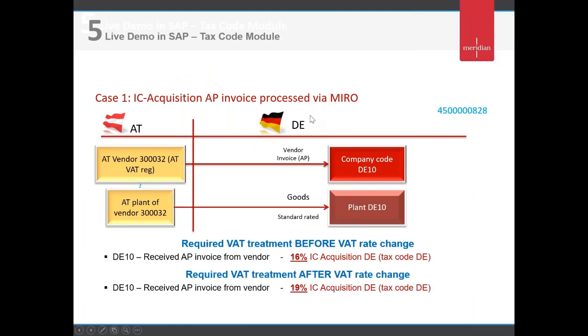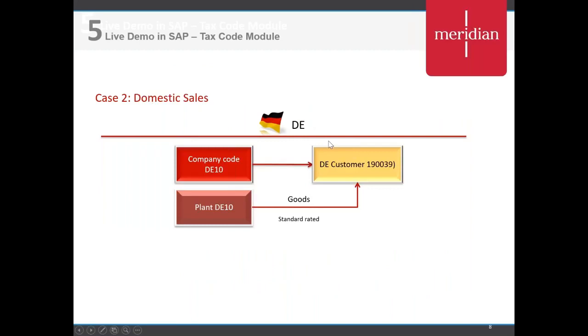Just to show you how that would look on a sales transaction. So for purchasing, Meridian has a MIRVAT tax date field that drives the determination of the VAT rate. However, for sales, it's all driven via the service render date. So in this example, we have a German entity, again, selling towards a German customer.